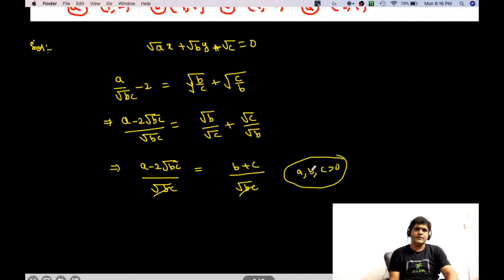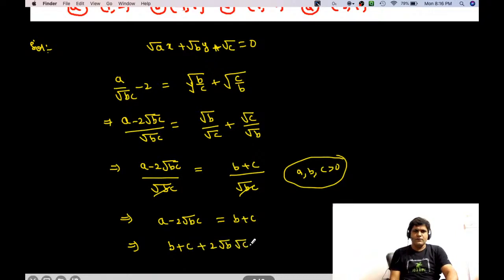Otherwise we cannot cancel. Now this condition becomes a minus 2 root bc is equal to b plus c. Taking the total thing to the right-hand side, the condition becomes b plus c plus 2 root b into root c minus a is equal to 0.